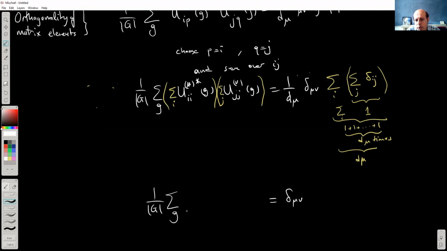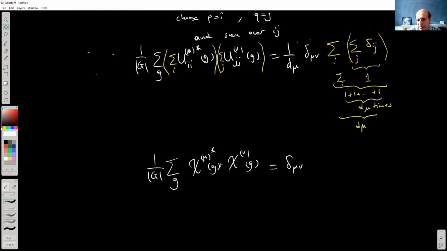This is the sum over the group elements of character of mu over the group elements. What I'm doing is multiplying the character of an element corresponding to a representation with the character of the same element for a different representation, and then summing them up.